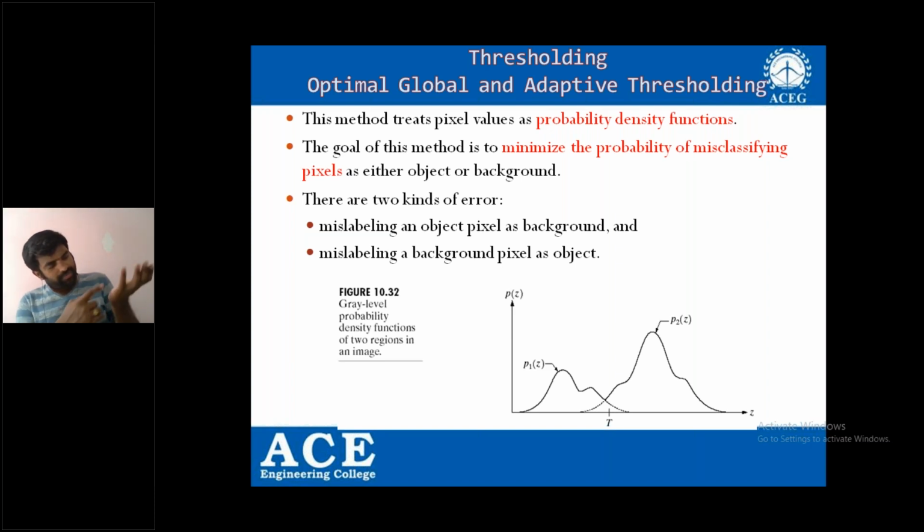Sometimes a pixel which must be in the background may be considered as a pixel in the foreground, or some pixels supposed to be in the foreground may be considered as pixels in the background, and those pixels must be removed. That process is done in this thresholding process.